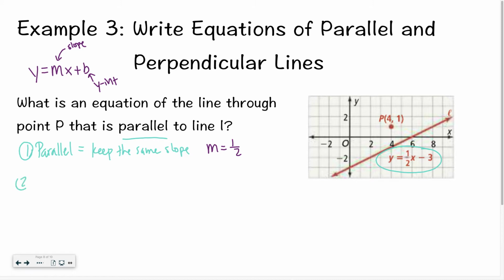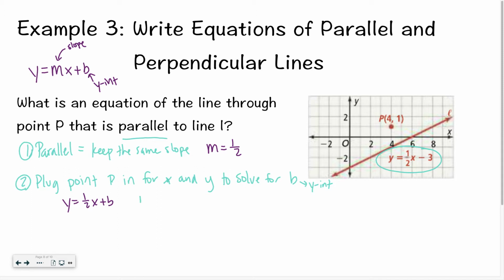Step 2. I'm going to plug point P in for x and y to solve for b, or my y-intercept. I would originally have y equals 1/2 x plus b, but I'm going to plug in point P, which is 4, 1.